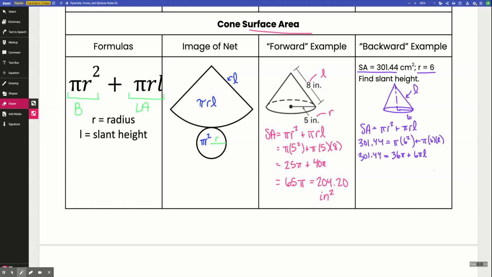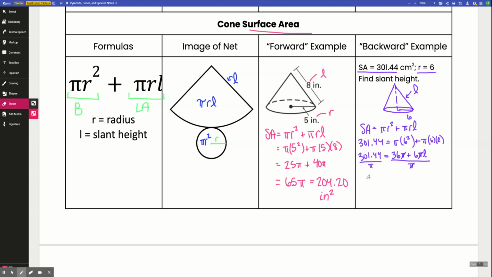Now what I'm going to do first is divide both sides by pi, just so that I can get rid of the pi in both of these terms. So 301.44 divided by pi. I'm going to round because this number is rounded a little bit.